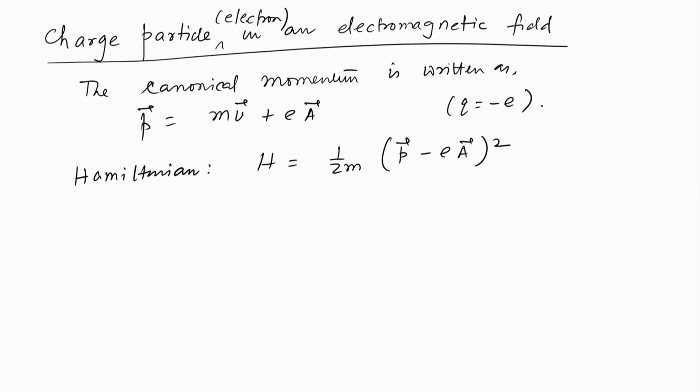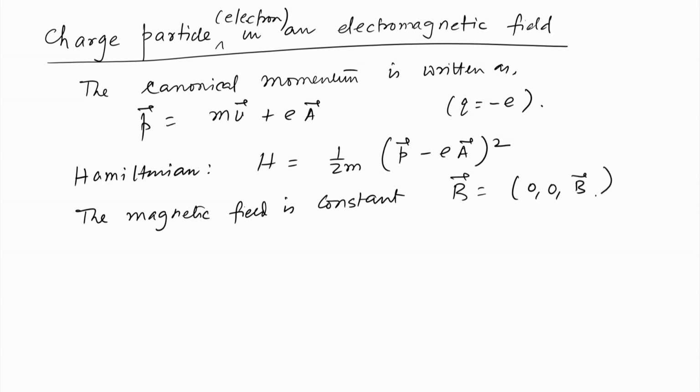Rather, we will talk about a gauge here. So, let us take that the magnetic field is constant, B in the z direction, which is usually the case.